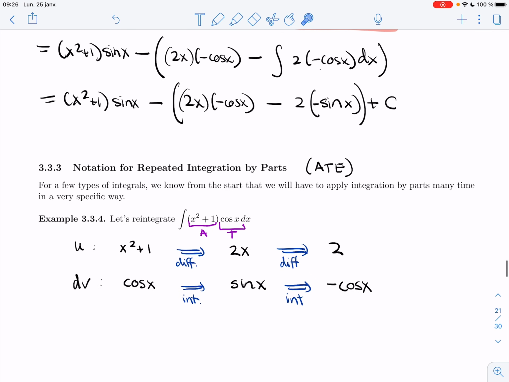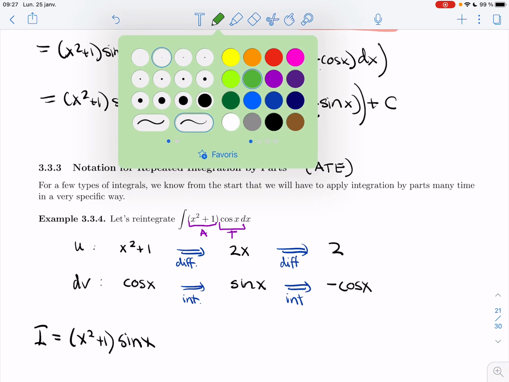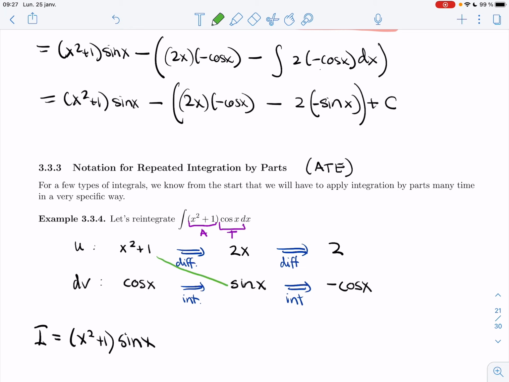If you look at the first term, it's going to be this diagonal here. So my integral is (x squared plus 1) sine of x. So first term, this diagonal here, the product of these functions with a plus. Second term, that's this diagonal, but notice that I have one minus in front of it.